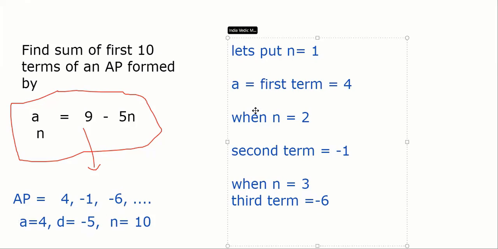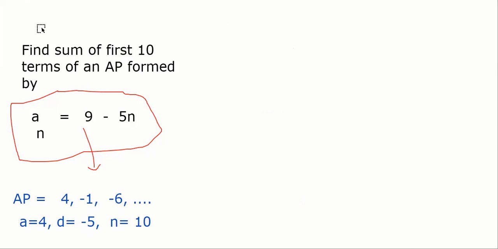I'll erase this because this is already done. So the sum would be n by 2, 10 by 2, into 2a, 8, plus n minus 1, 9, into D which is minus 5.